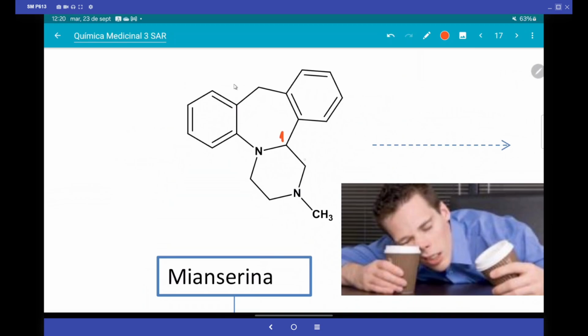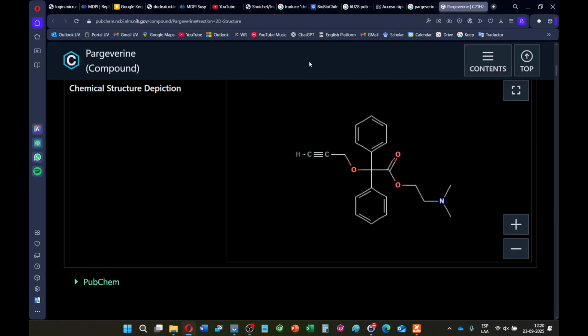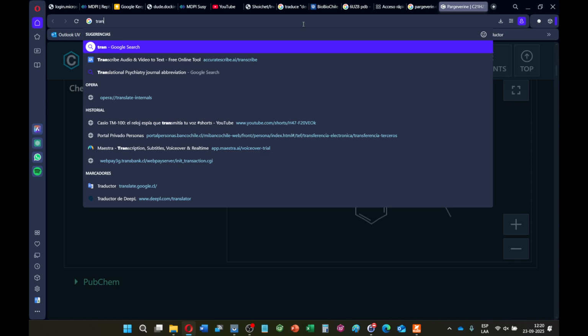What happens is that the inhibitors of monoamine oxidase in general have a slightly smaller structure, such as tranylcypromine.